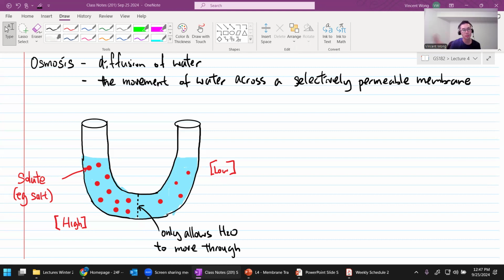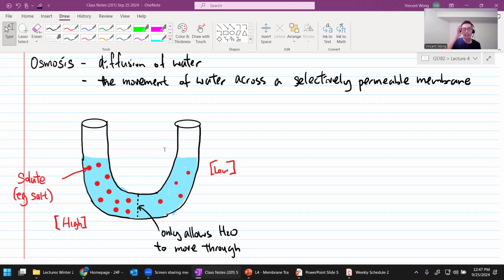Can the red dots move to the right? What do you guys think? No. Okay. Because we have a barrier at the bottom, right? This barrier blocks it. The red dots are too big to fit through. So even though they want to go to the right side, they can't. It's blocked. Okay? So the only thing that can move in this situation is water.